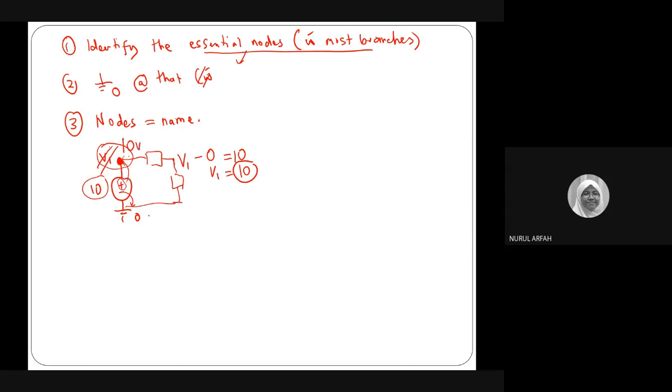For the rest, if no voltage source is attached, you need to know that the other side of the voltage source should be attached to 0. If you have a voltage source like this, but this part is also unknown, maybe Vx, then you can name it V1 here and maybe V2 here. Because this is Vx, you cannot name this as 5 volt at V1, because this is Vs.